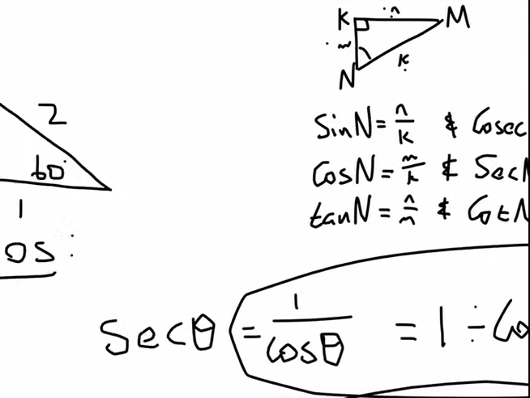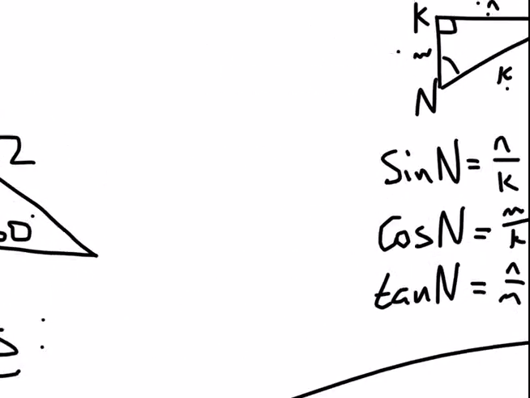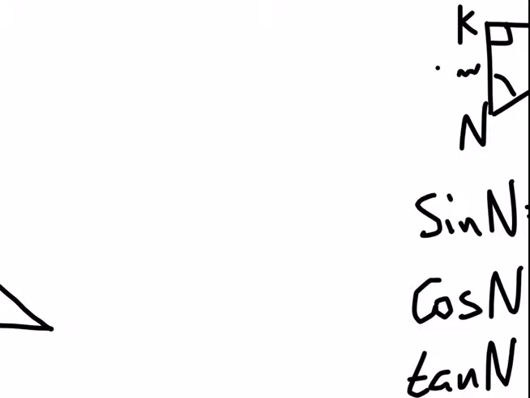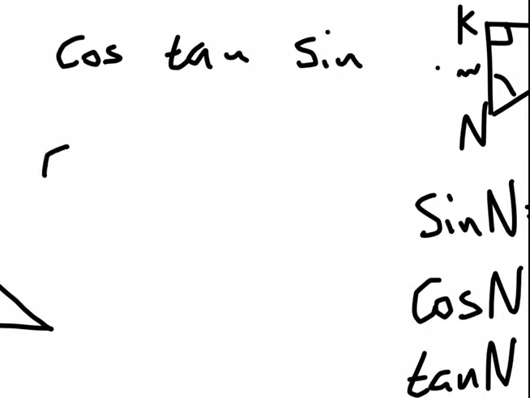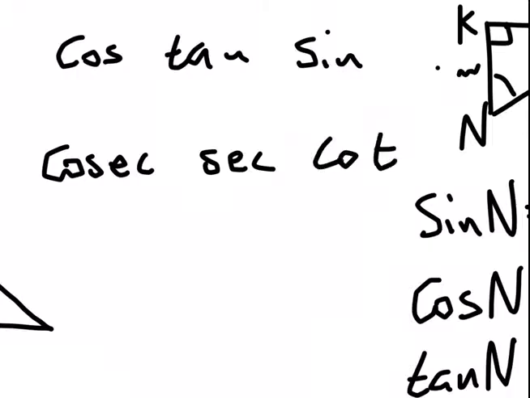So if for some reason you are given, let's say, cos, and then tan, and then sine, and here they can also mix and say cosec, maybe sec, and then cot, and then the question says, which one is the reciprocal of which?